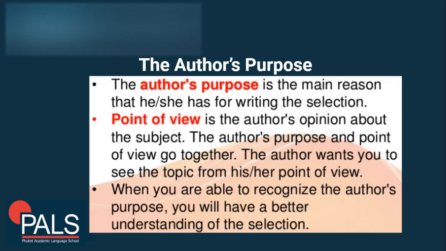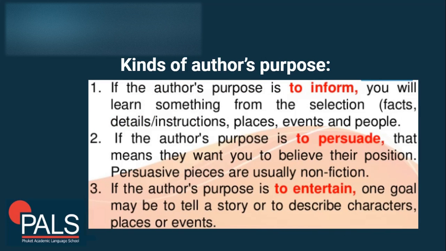There are three purposes that are being used by writers, and they're very simple to remember. First one is to inform. If the author's purpose is to inform, you will learn something from the selection: facts, details, instructions, places, information, events, and people.